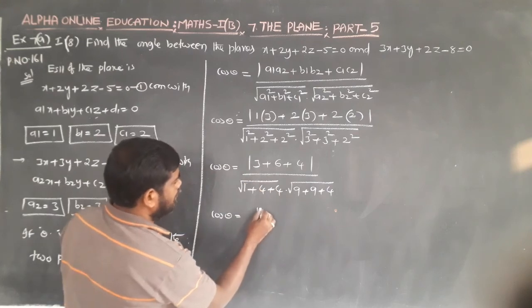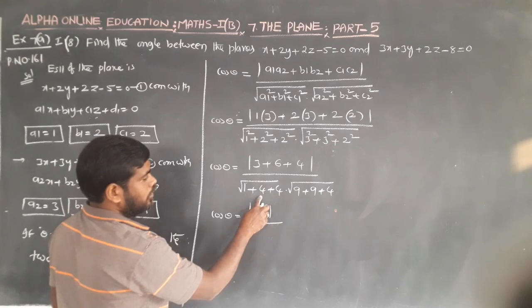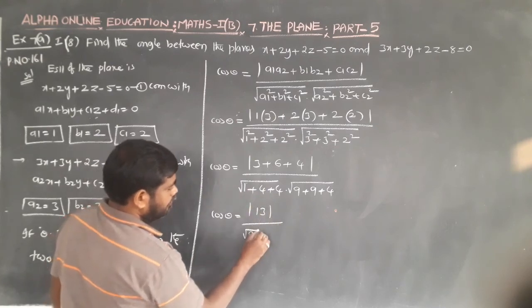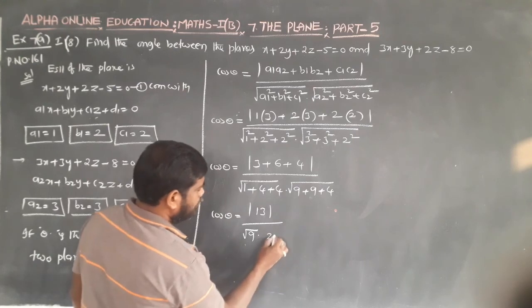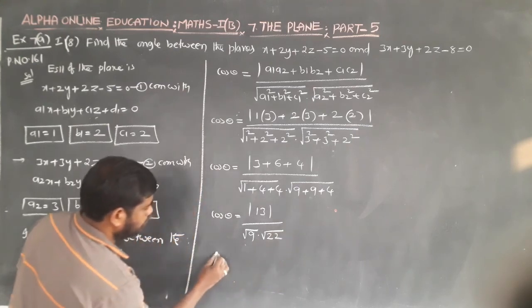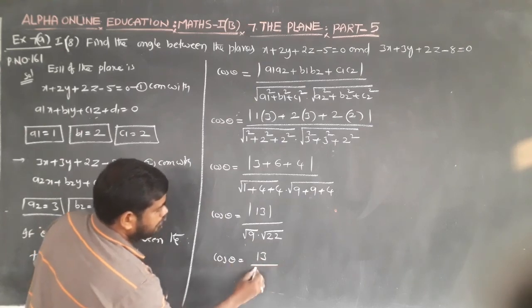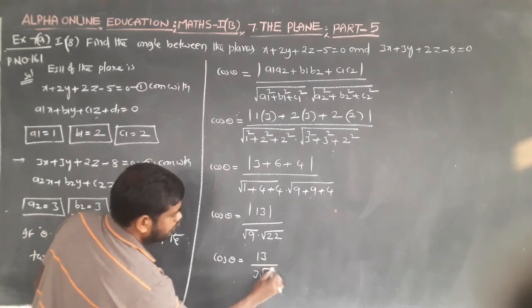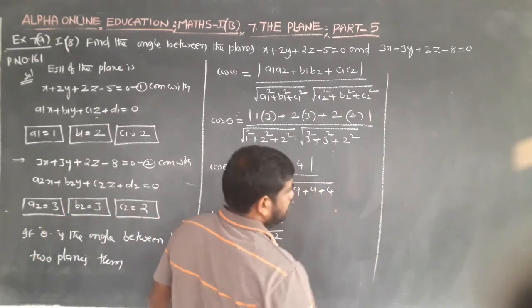Cos theta is equal to 4 plus 6 10, 10 plus 3 13, whole divided by 4 plus 4 8, 8 plus 1 9, 9 plus 9 18, 18 plus 4 22. So cos theta is equal to 13 by root 9, means 3 root 22.